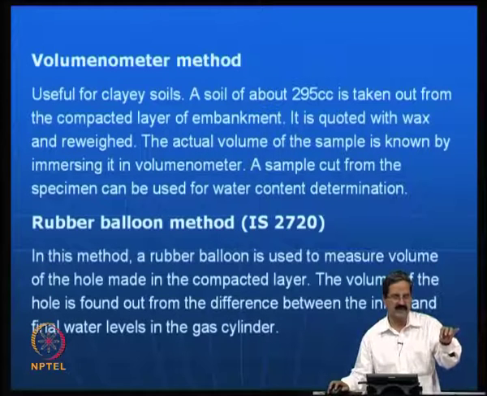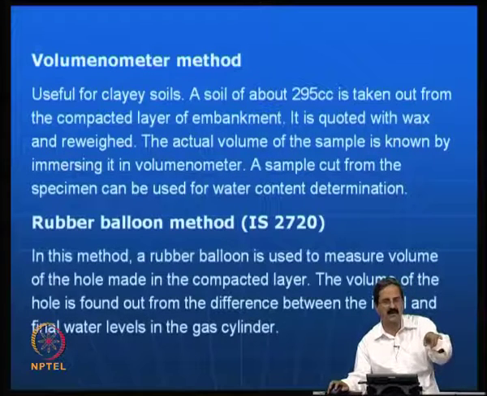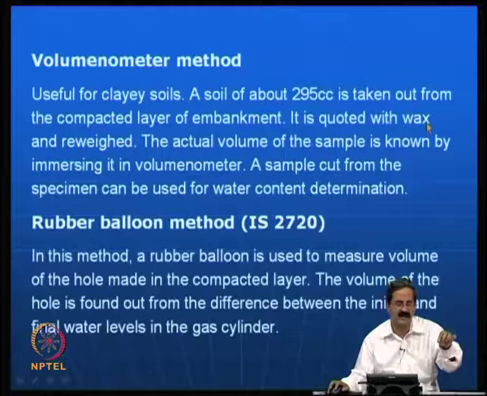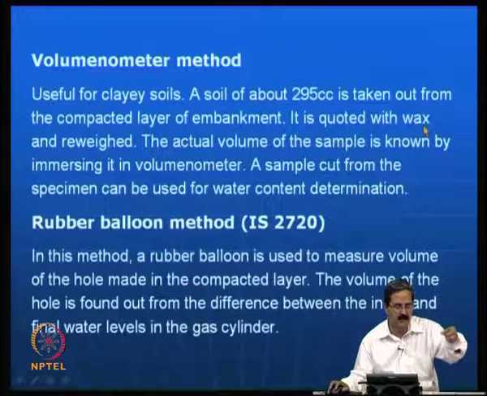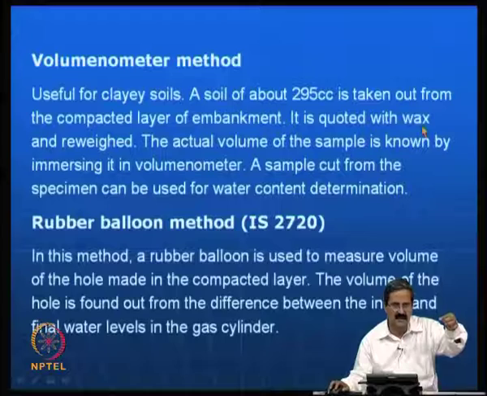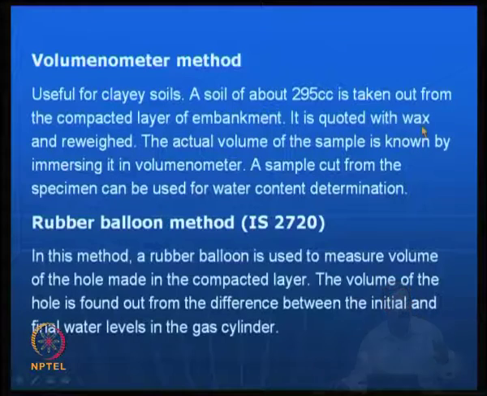So, once you coat the soil with wax, you hold it with some sort of thread, and the density of the wax is given in a standard table. Then we take a beaker which has standard measurements.